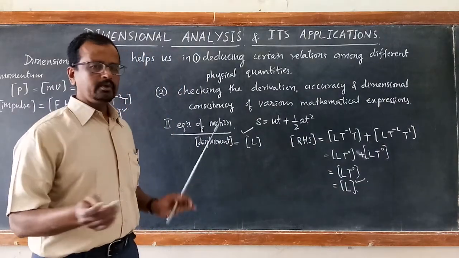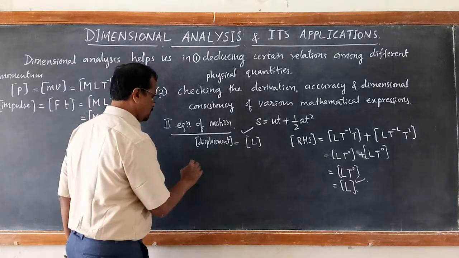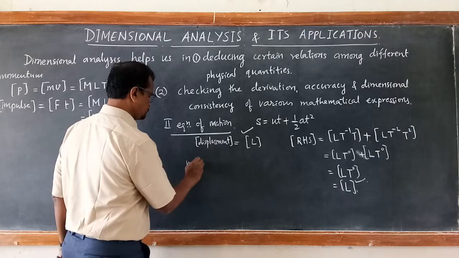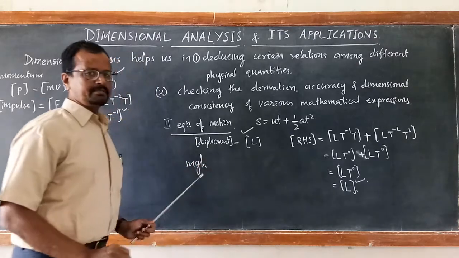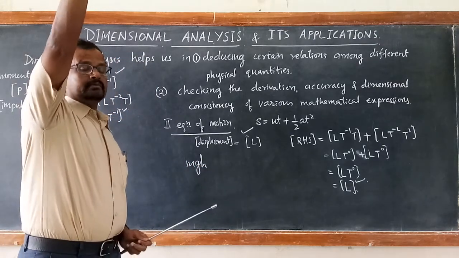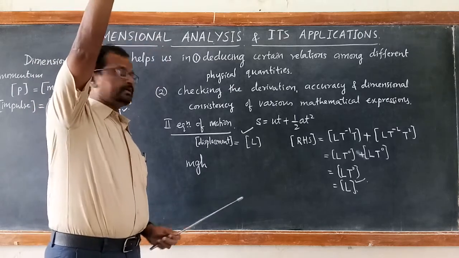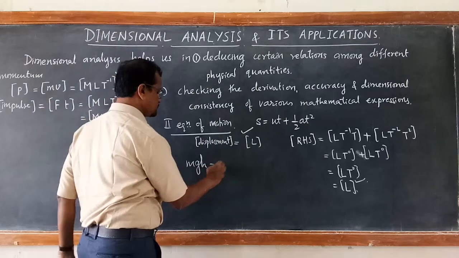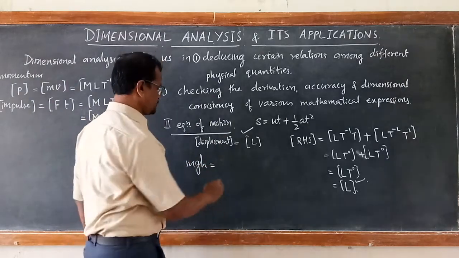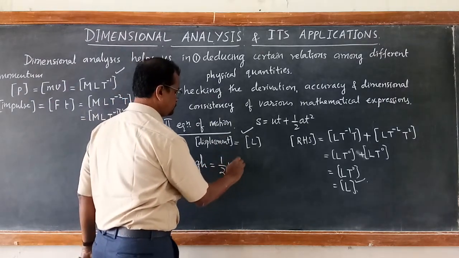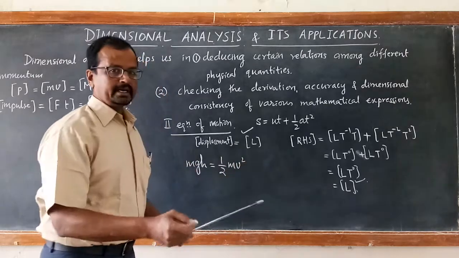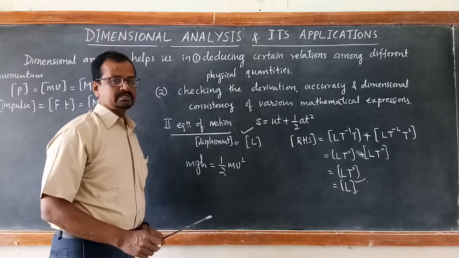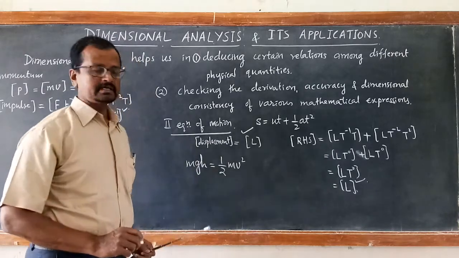Like that, you can test the consistency of the conservation of energy. If mgh is the potential energy at a certain height, when an object is raised to a certain height, its potential energy at that height is mgh. When it is released, before touching the ground, suppose it has the complete energy in the form of kinetic energy, half mv square. You can test the consistency of this. I am giving it to you as an exercise.